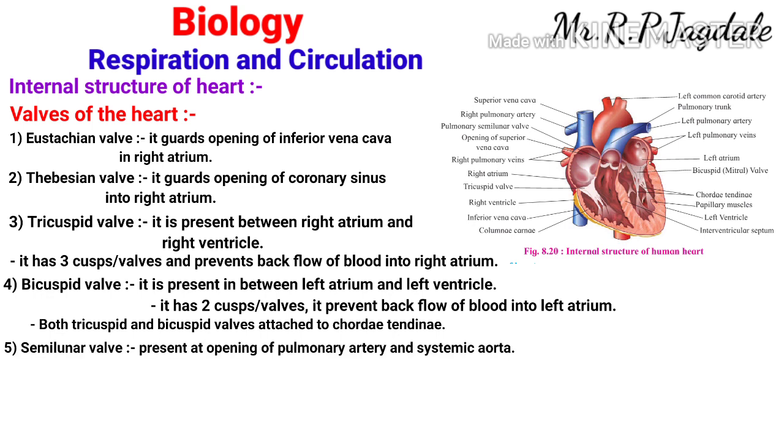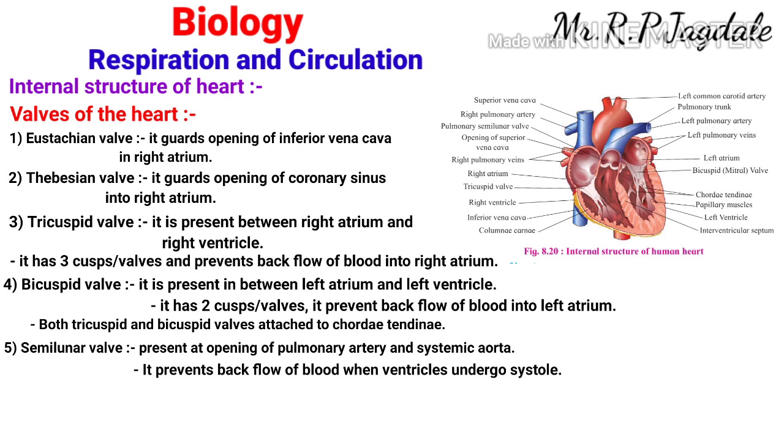It is present at the opening of the pulmonary artery and systemic aorta. So semilunar valves are also important. They also prevent the backflow of blood when the ventricles undergo systole. Now what is systole? We are going to see that in the next part.